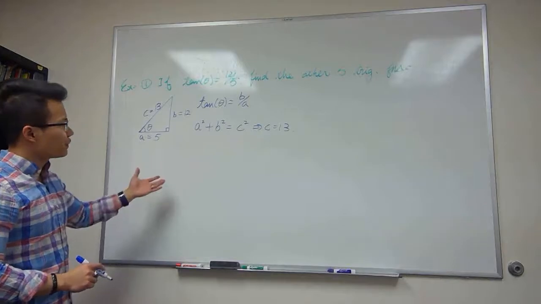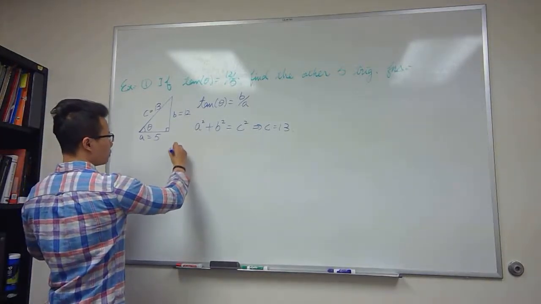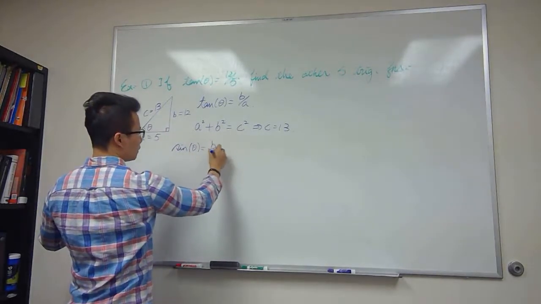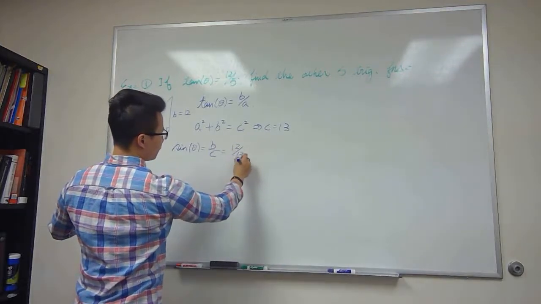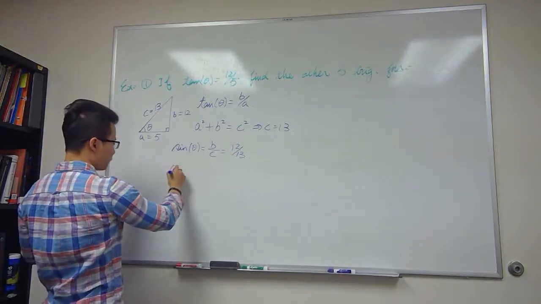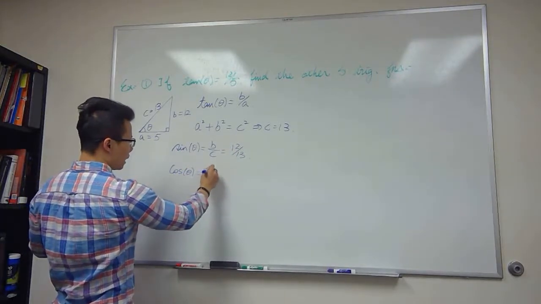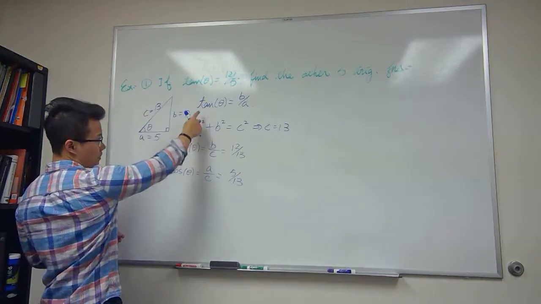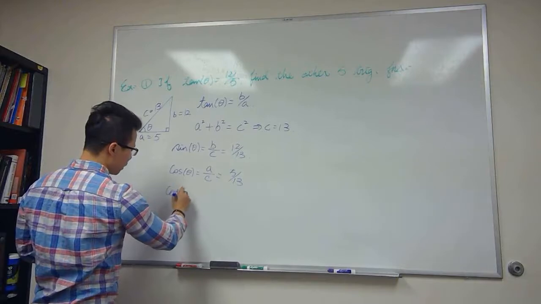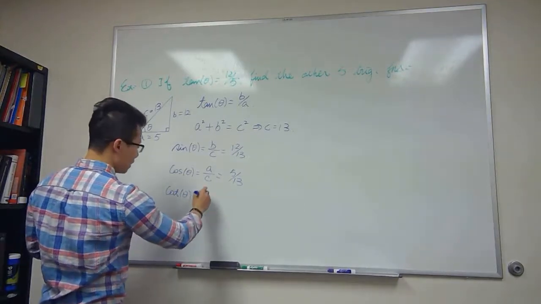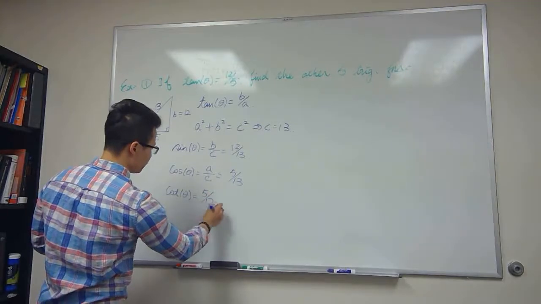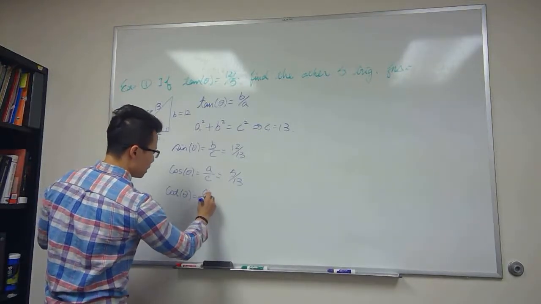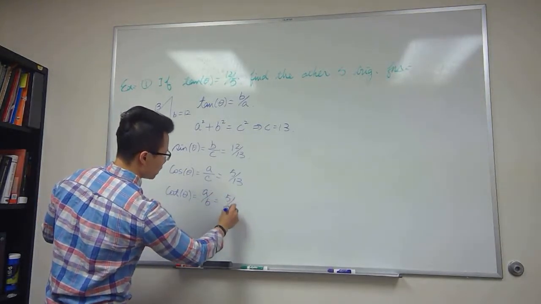After that, we just follow our formulas like we did. Sine theta equals B over C, which is 12 over 13. Cosine theta is A over C, that is 5 over 13. We have tangent already, so we can get cotangent theta, which is A over B, that's 5 over 12.